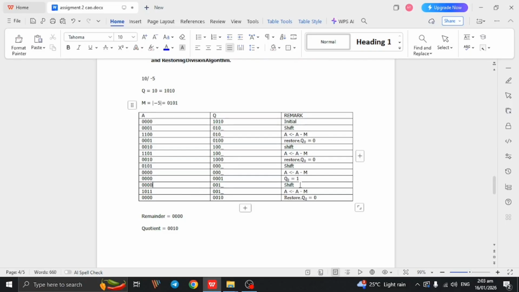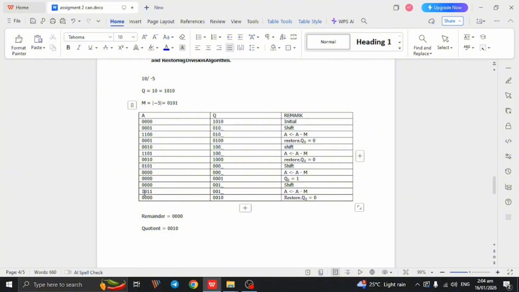For the last cycle, the fourth cycle, we first shift to the left. So A is still 000, and then Q is 001 with a blank space. Then we subtract M, 0101, from A, so we get 1011.